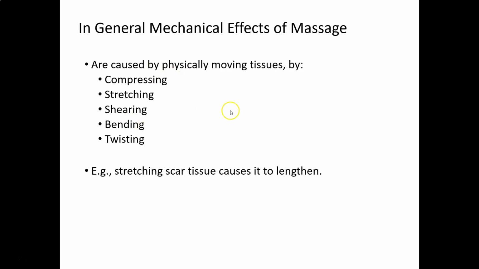Here we're doing things where we're actually physically moving tissues, by compression, stretching, shearing, bending, or twisting. For example, if we have a significant scar, we would want to stretch that scar to lengthen it so that range of motion won't be as affected by it.